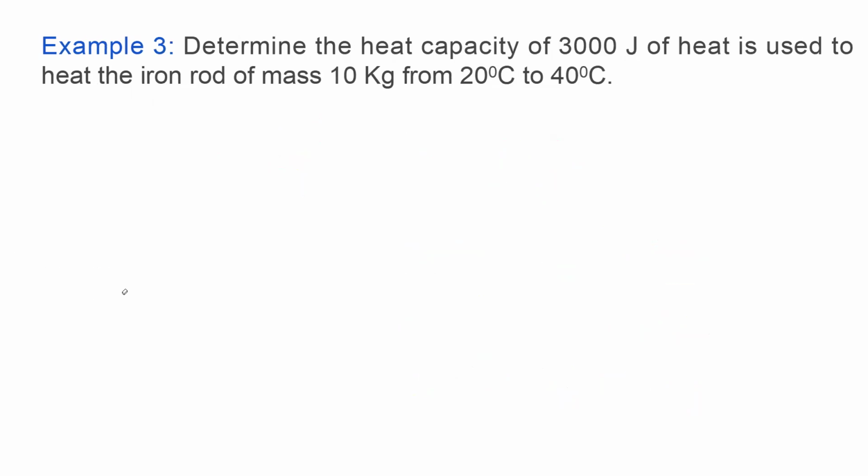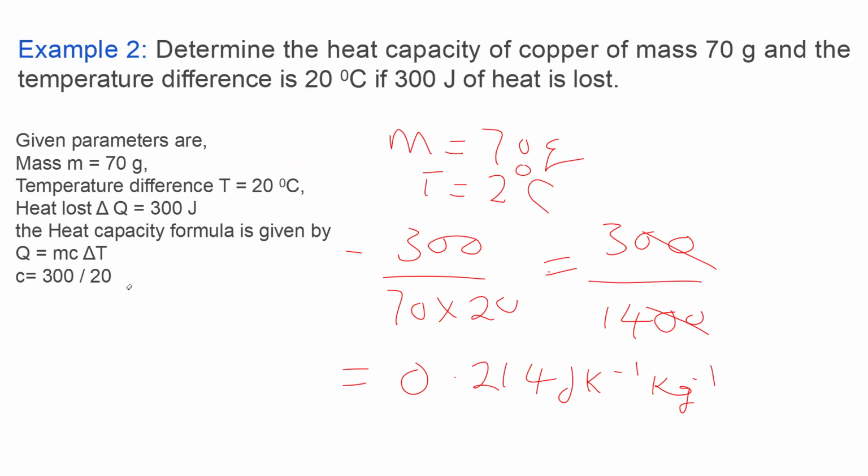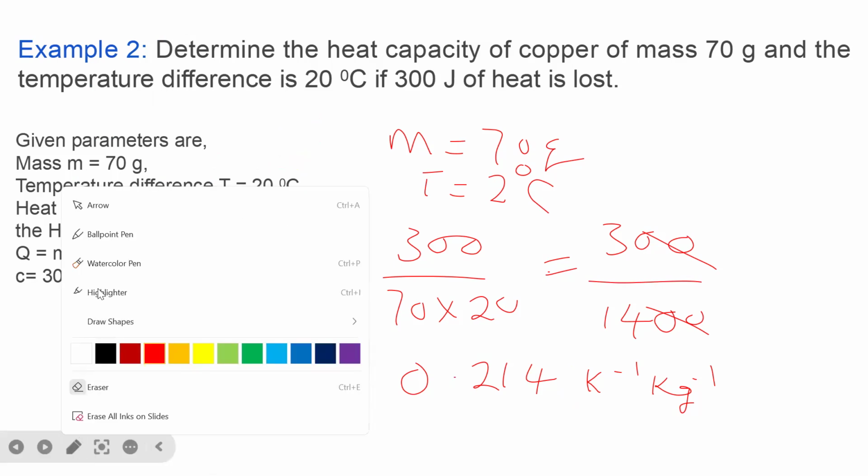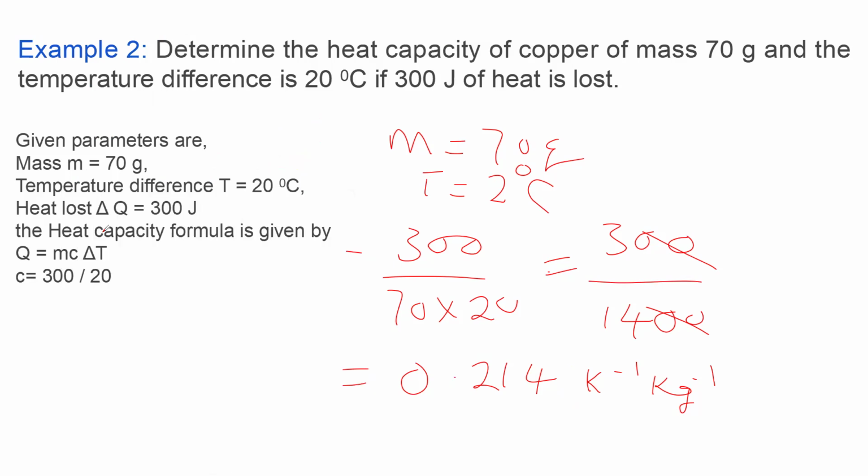So we have 300 divided by 20 times 70. And that is how we arrive at the final answer, 0.214 joule. Of course, here we have joule per Kelvin per kilogram.